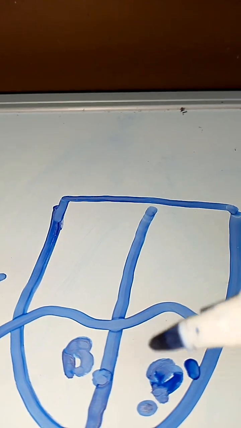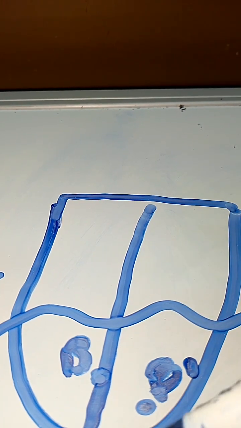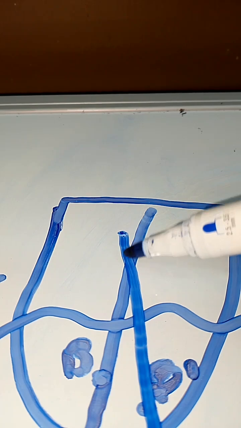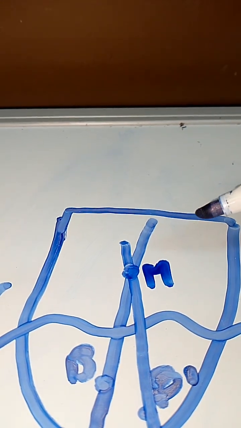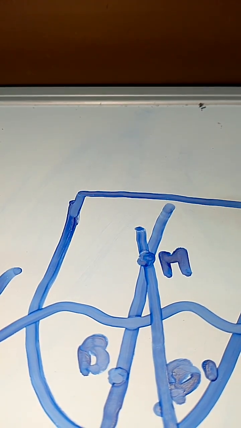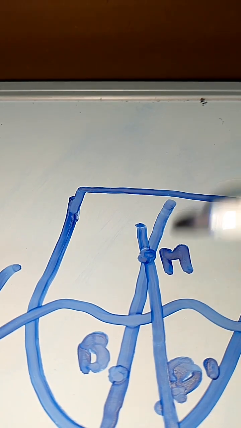So the intersection of the buoyancy and the center line here is what we call the metacenter. As I have said, the metacenter is the intersection of the buoyancy and the center line of the ship.